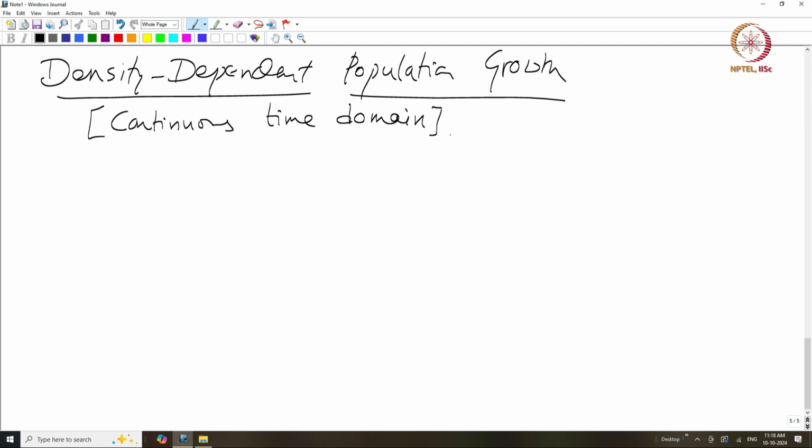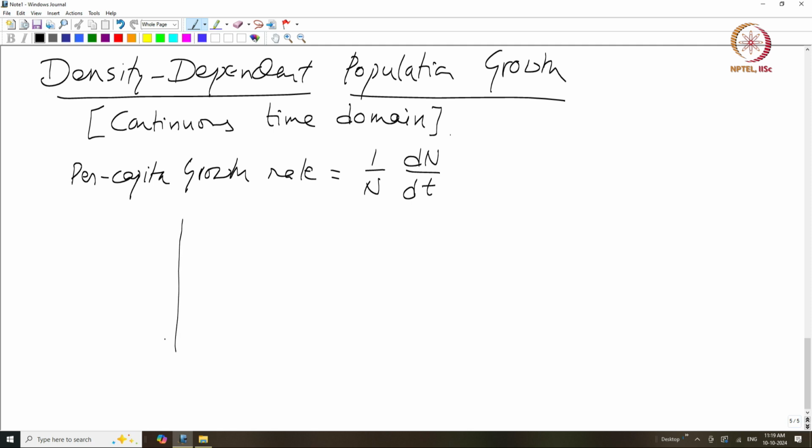So, what is the starting point for us? The starting point for us is to understand the per capita growth rate. So, what is per capita growth rate? It is the population growth rate divided by the population size. Okay, this is the per capita growth rate. And if this was a constant, we had density independent population growth.